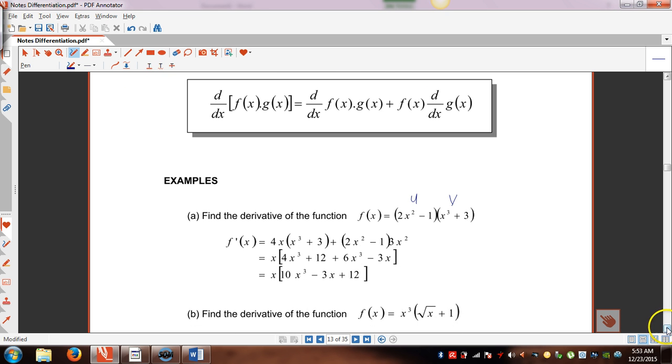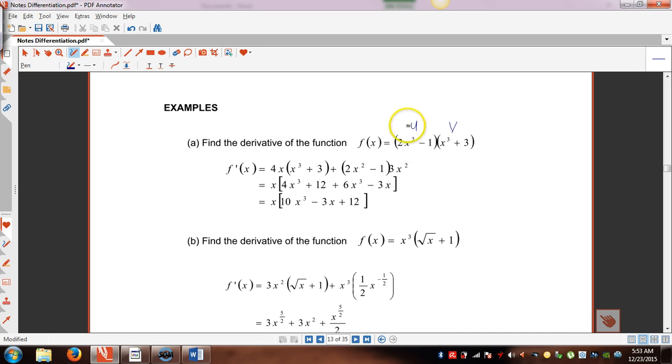Okay, so now look at the example. We have u and v now, so you list out the u and v. It is up to you to assign. Actually you can assign u to the second function, u equal to x cubed plus 3. Okay, it's up to you. Then u equal to 2x squared minus 1, right?